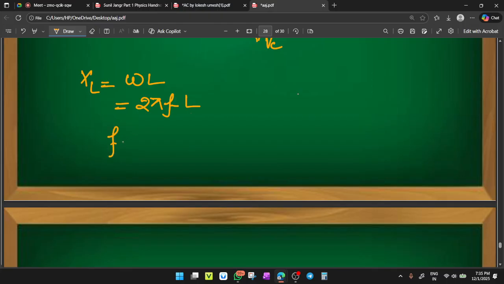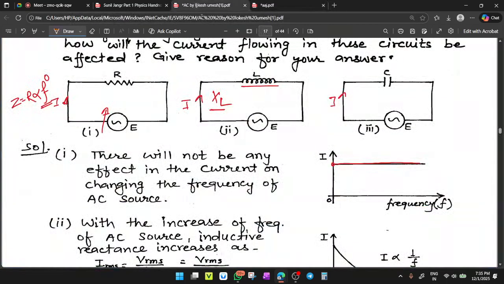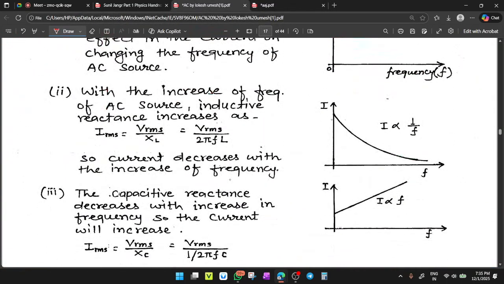So on increasing frequency, your XL will increase because XL is proportional to frequency. Your current I equals I naught equals E naught upon XL. Clear? So on increasing the value of XL, current will decrease. So in the second case, your current will decrease, inversely proportional to the frequency.